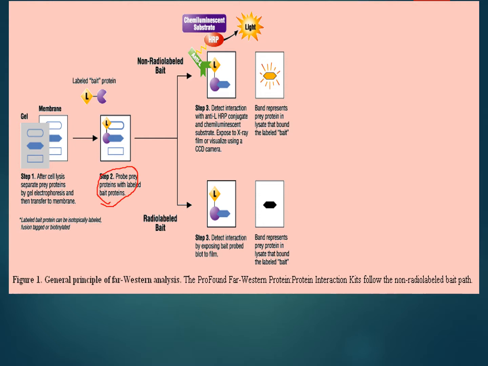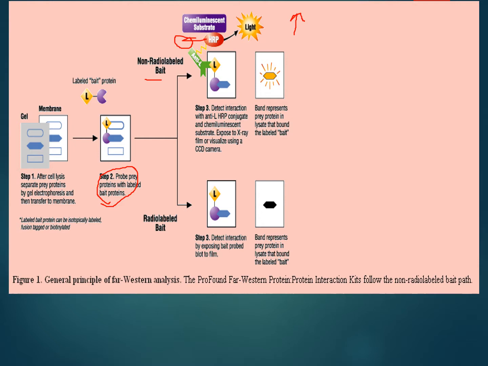And then if it's non-radioactive, then you might even have an antibody to the ligand, and then that is maybe an enzyme, or it looks like they've got a horseradish peroxidase, and they add the substrate for that enzyme, and you get light produced. So if you expose to X-ray film, you would find this protein was detected by this labeled bait protein. So we found our prey here.